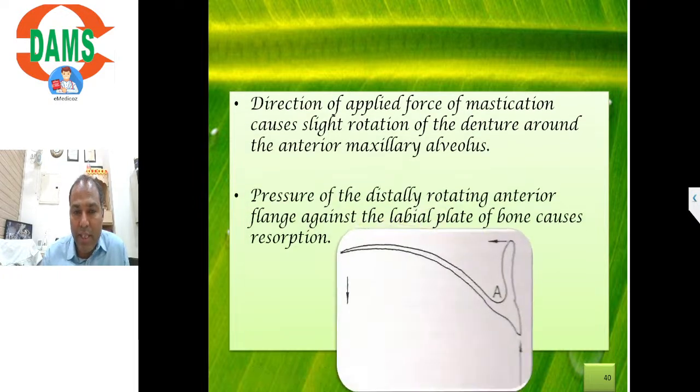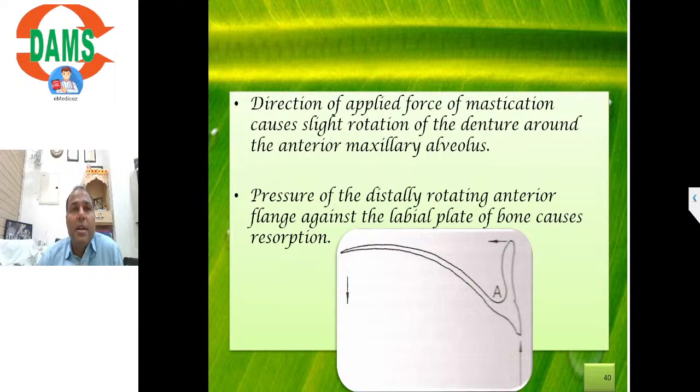Normally it hits on the incisors, this premaxilla. Because of the continuous force on the premaxilla, it goes to the labial cortical plate and this bone resorbs. Now, when this bone resorbs, what will happen? A flabby tissue will be forming.